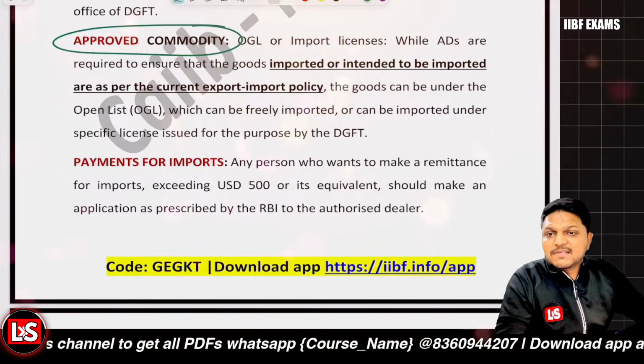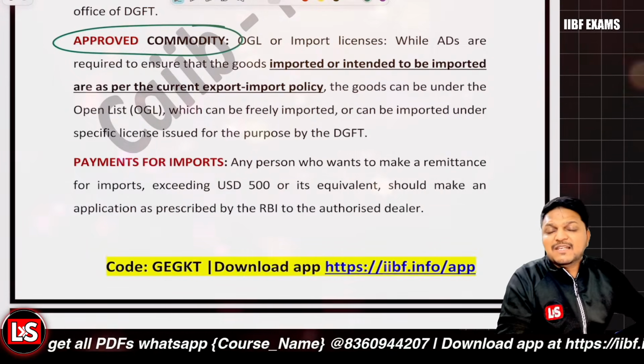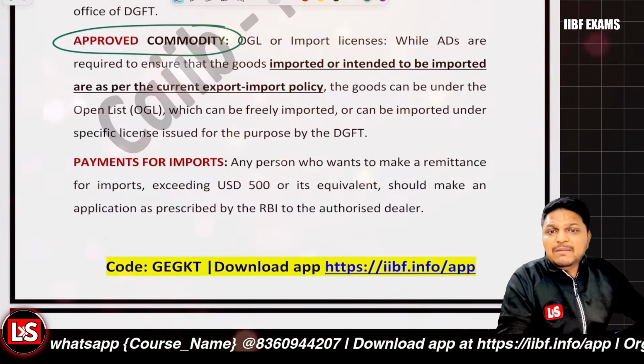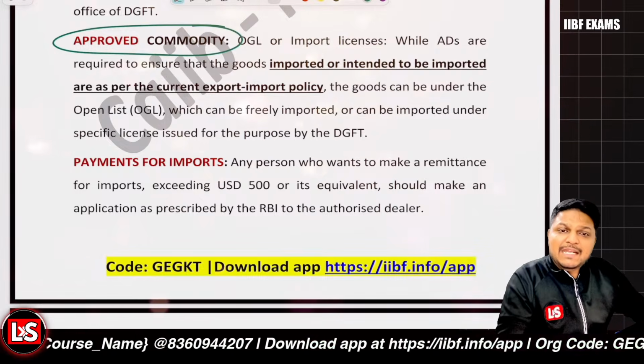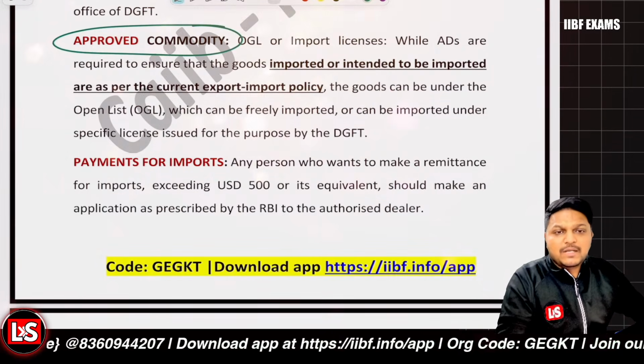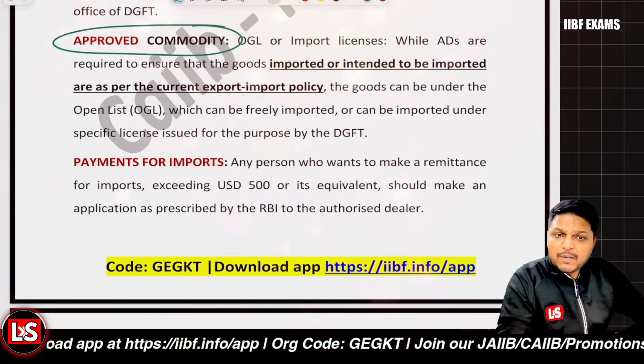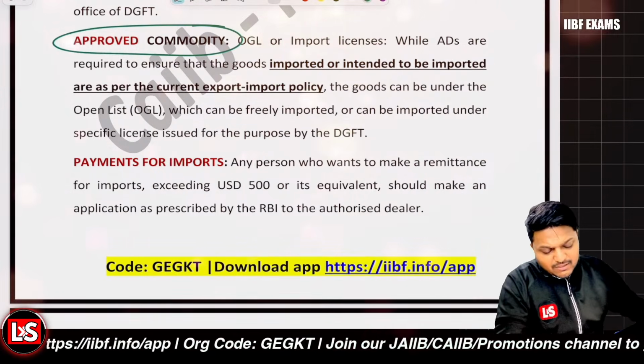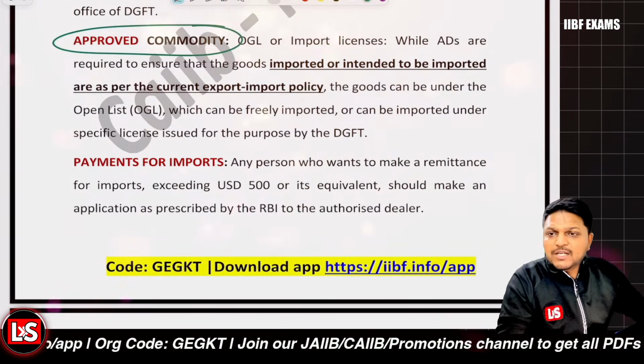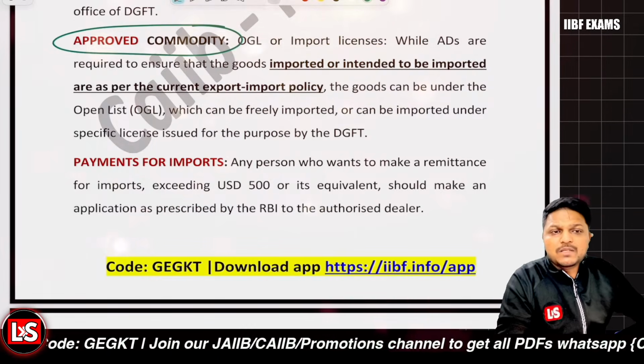Now, what is open general license? Open general license refers to the goods which can be imported freely without obtaining a specific import license. For that scenario, you need not have the import license, but in case it is required, you should have the import license. So OGL stands for open general license.